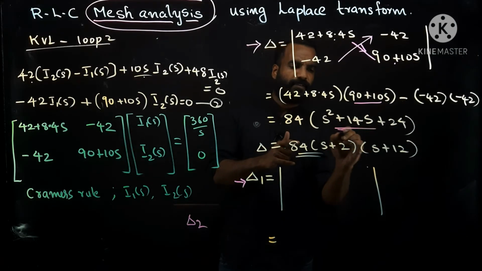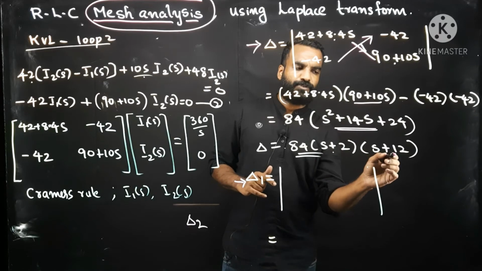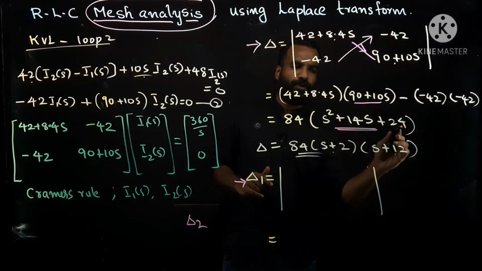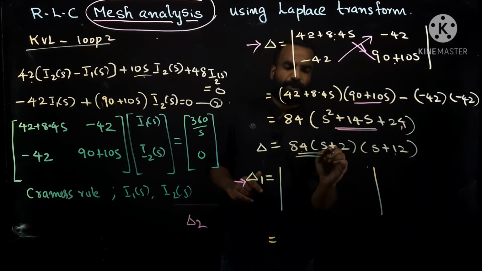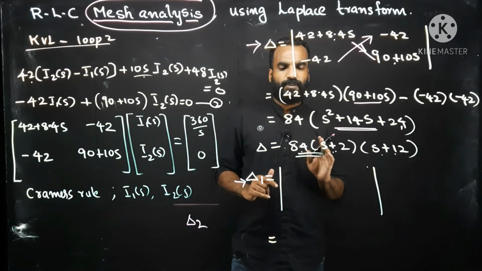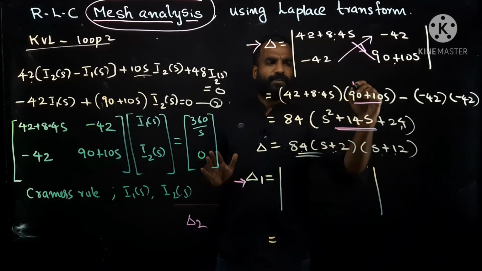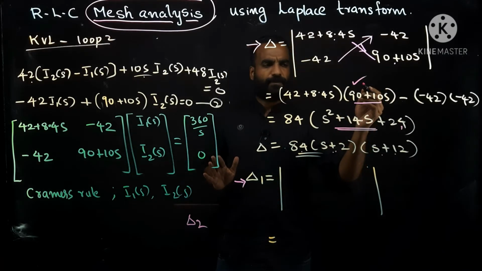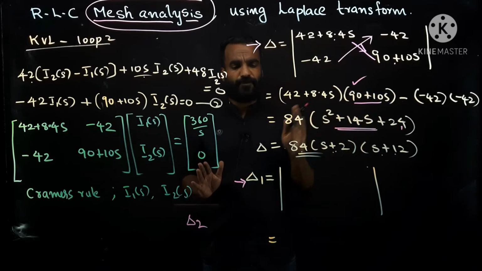And if this is factorized, it is s plus 2 into s plus 12. Is it okay? 2 into 12, 24. 2 plus 12, 14. So delta is equal to 84 into s plus 2 into s plus 12. So delta is obtained. Is it clear? You can do this yourself, because these are simple mathematical steps, so I am not spending time doing that.